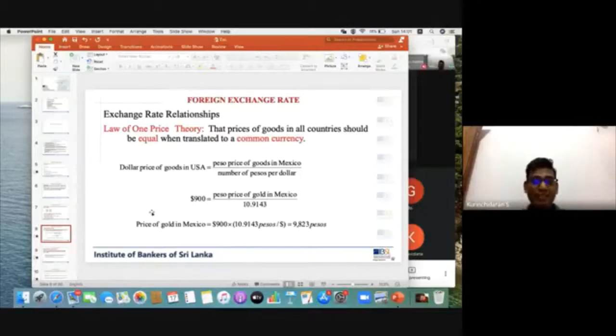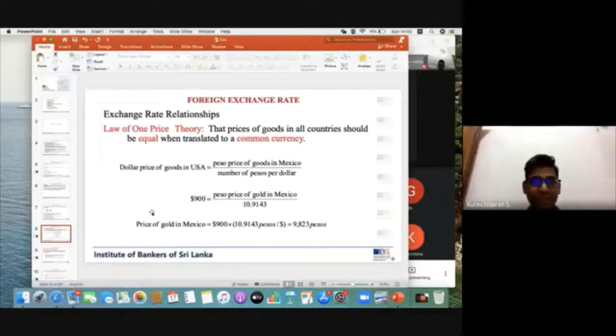This is the theory. But in practice, the gold price in Mexico may be more or less than 9,823 pesos. That nobody knows, in the sense of the current price. But the law of one price says this should be the price if the law of one price prevailed. Clear?